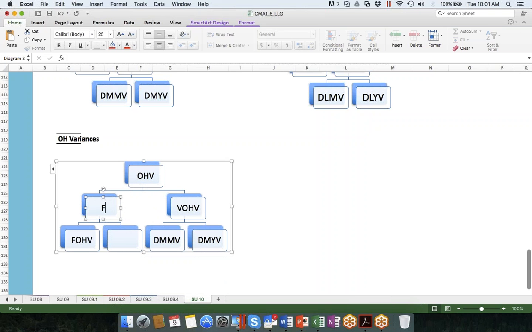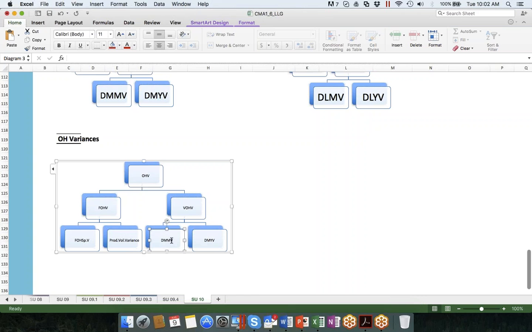Fixed overhead variance is further classified into two: fixed overhead spending variance, and here the production volume variance.